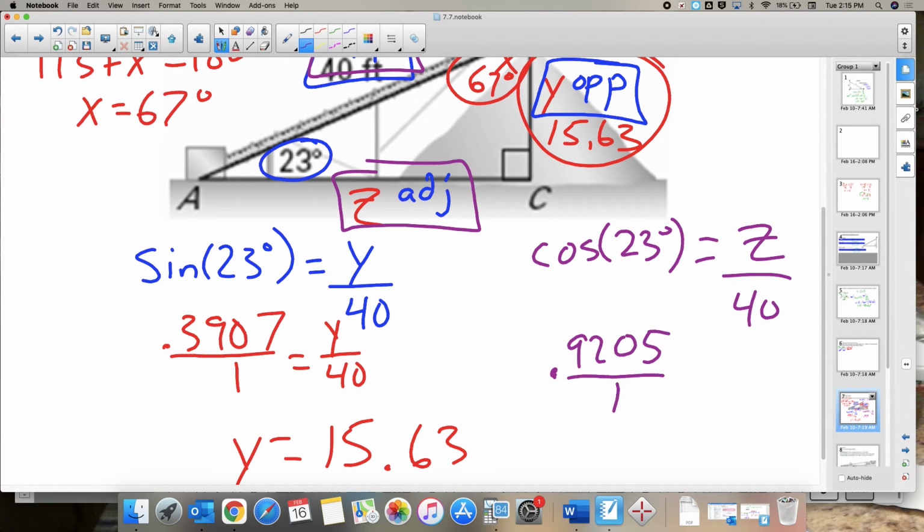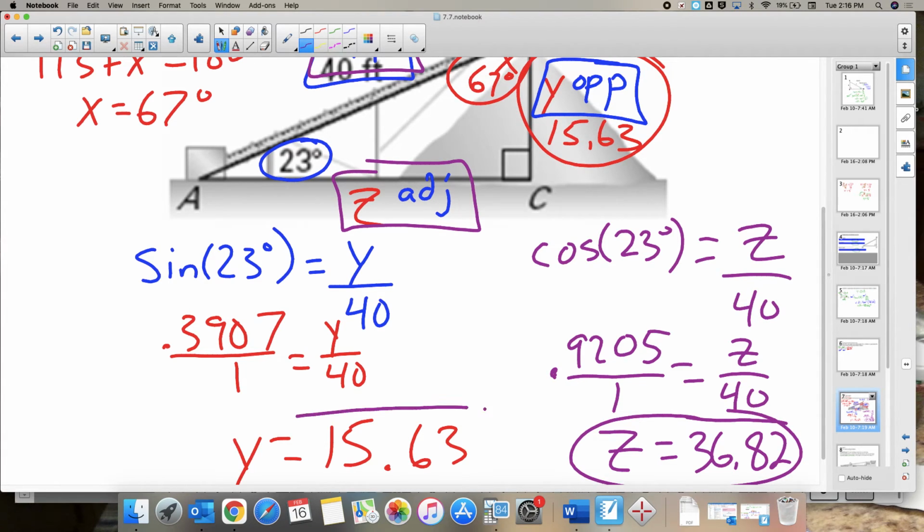We'll throw it over 1 equals z over 40, and we cross multiply. 1 times z is z. 0.9205 times 40 is 36.82. So there's our value for z. There's our value for y. There's angle B, or our value for x.